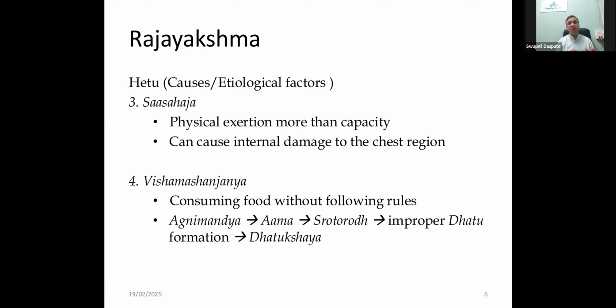When there is excess physical exertion, it will lead to exertion on two major organs. When there is excess physical exertion beyond the capacity, which are the two organs importantly which are strained heavily?